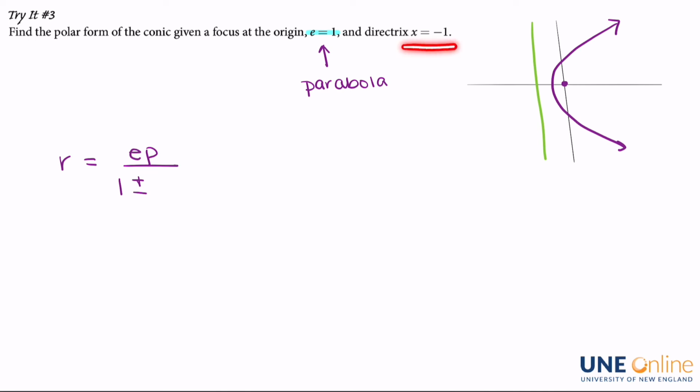Recall, x equals -1 is a vertical line. Therefore, the function that we're going to use is going to be the cosine function. So we're going to have e cosine theta. Well, we know that e is 1, so we can replace the e's in this problem. So we're going to have p over 1 plus or minus cosine theta.